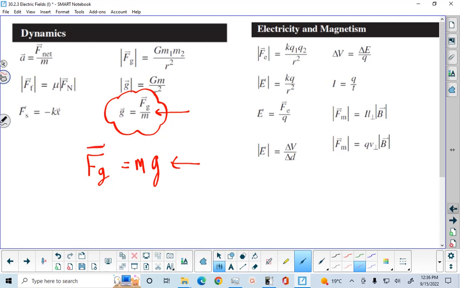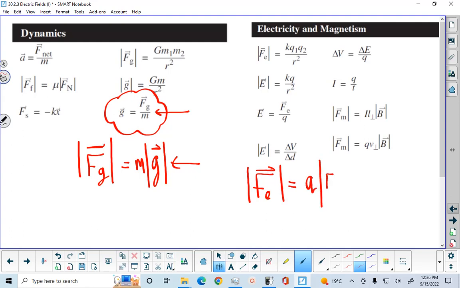But that's how we typically find a gravitational force. To find a gravitational force on a mass, you take the mass times the gravitational field. To find an electric force on a charge, you take the charge times the electric field.